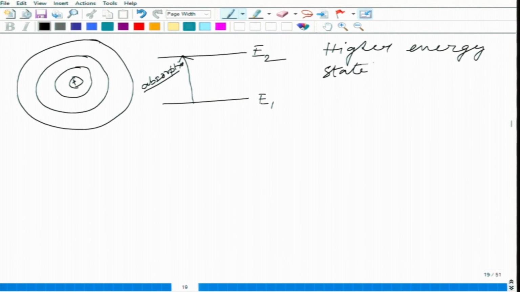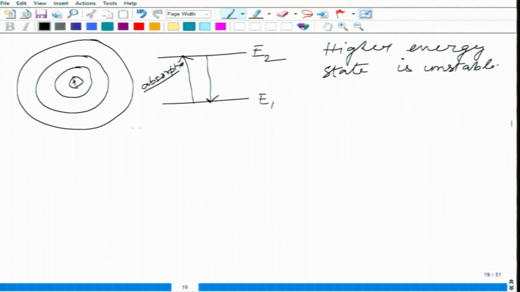Higher energy state is unstable. So, the lower energy states are comparatively more stable. So, the electrons will gradually emit energy and reach the lower energy state.